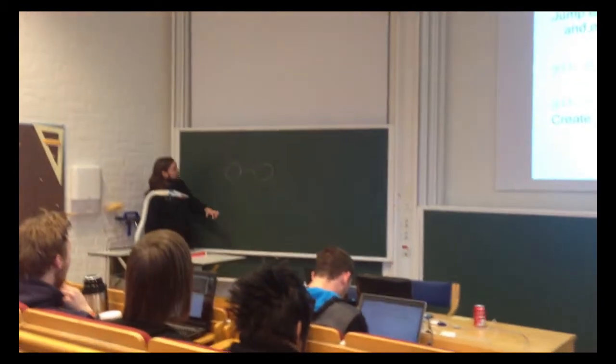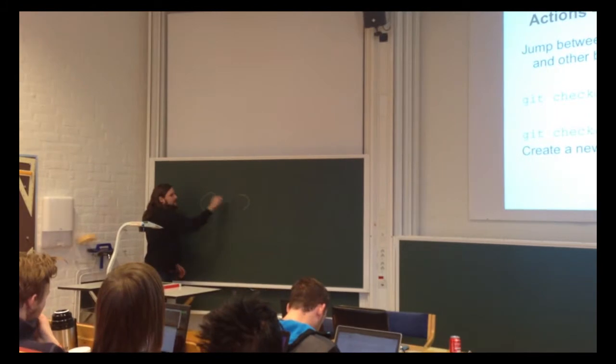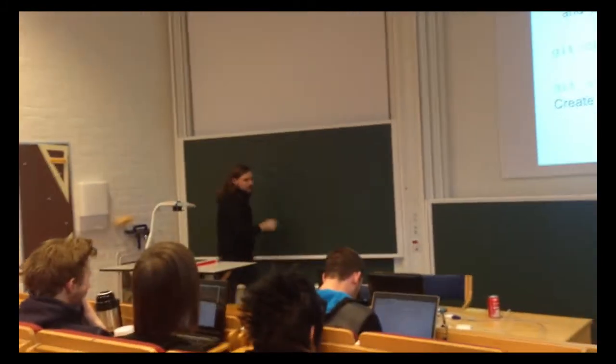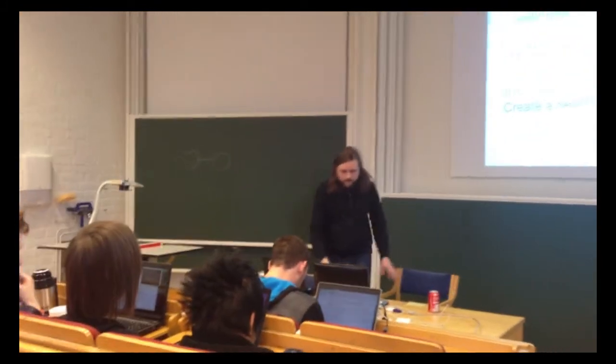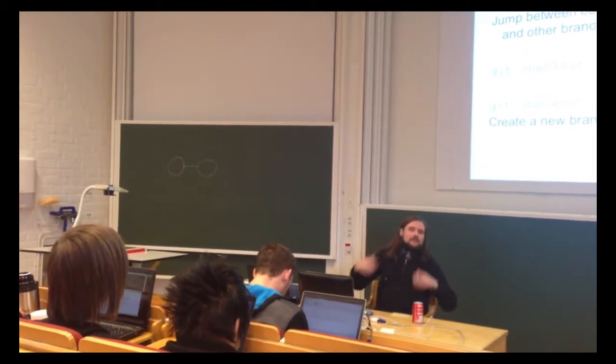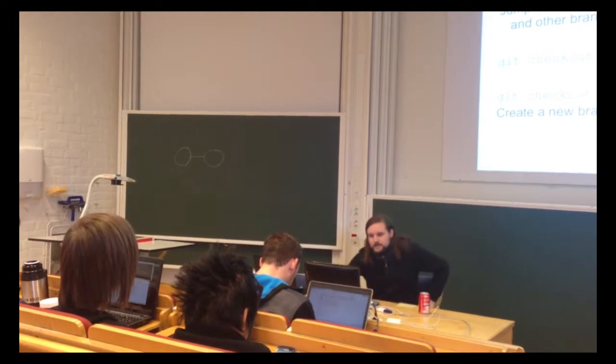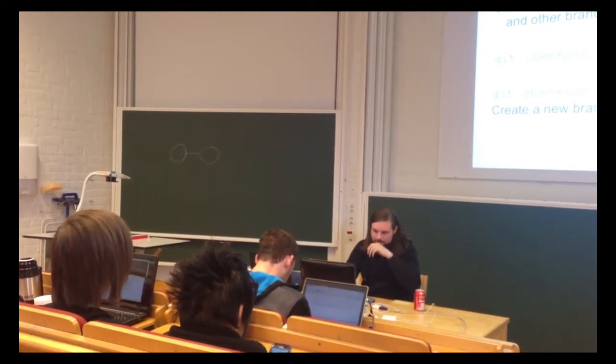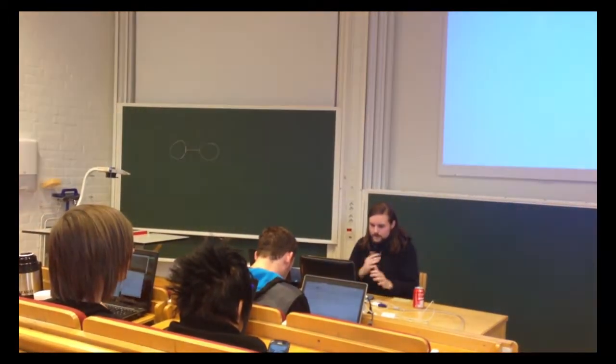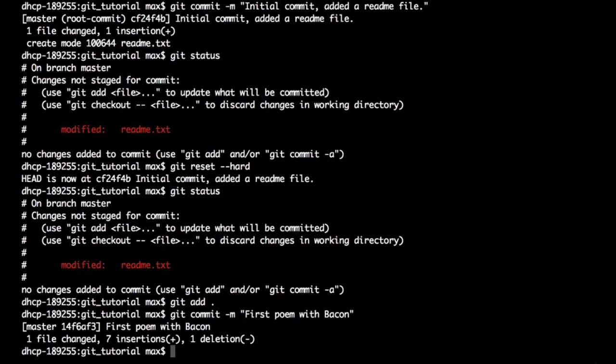We can actually check out and see what's in the first commit using the checkout command. We don't have any real label for the first commit other than the ID, so we have to find that out first. There's a good command for that, git log.